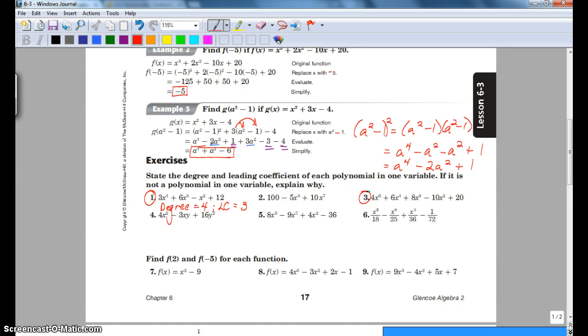For example, number 3 here. Number 3, so we have got 4x to the 6th plus 6x to the 4th plus 8x to the 8th minus 10x squared plus 20. Clearly these terms are not in the descending order of exponents that we like to observe, or decreasing order, in other words. However, it does turn out that if we rewrote it, we would see the very first term, 8x to the 8th, be obviously out in front.